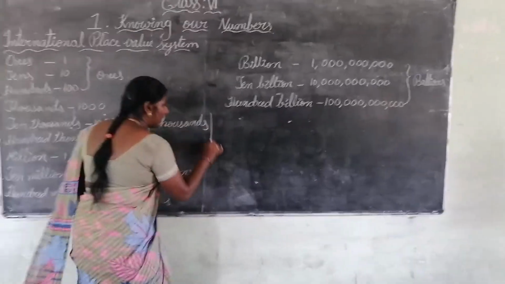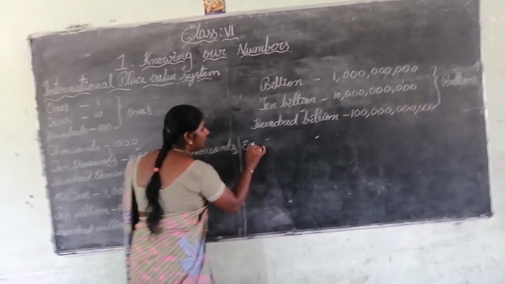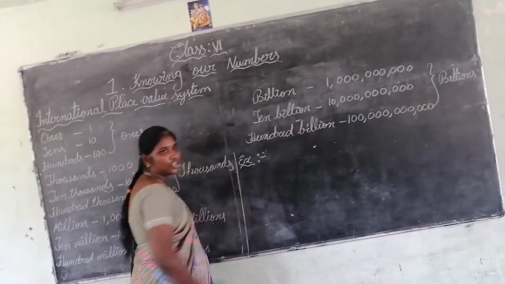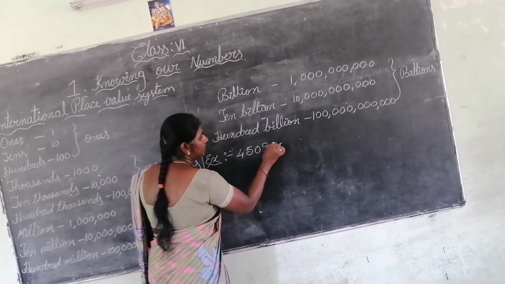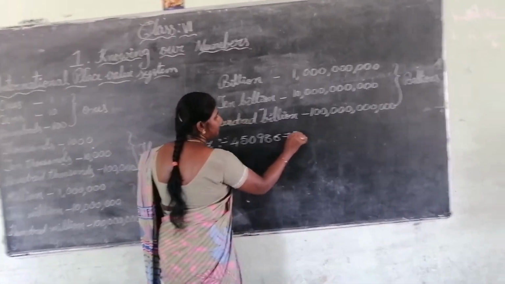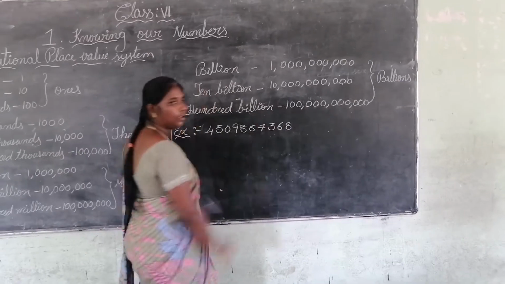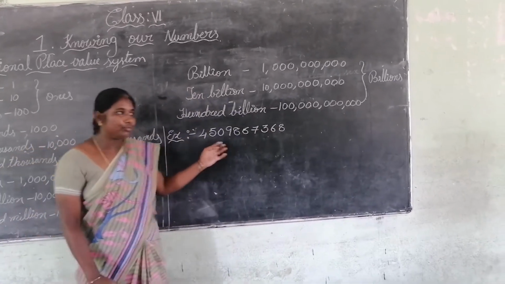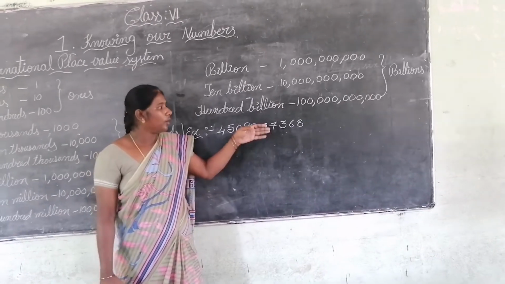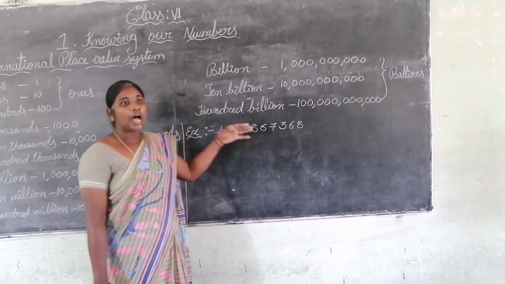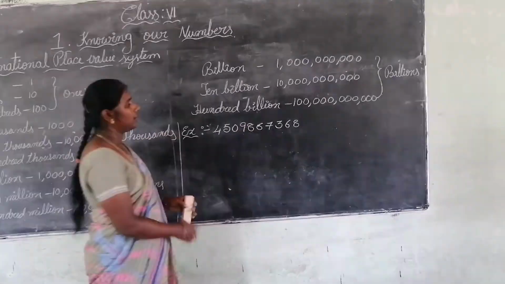Now I am explaining one example of how to write the given number in the international place value system. First we have to put the commas according to the place values.